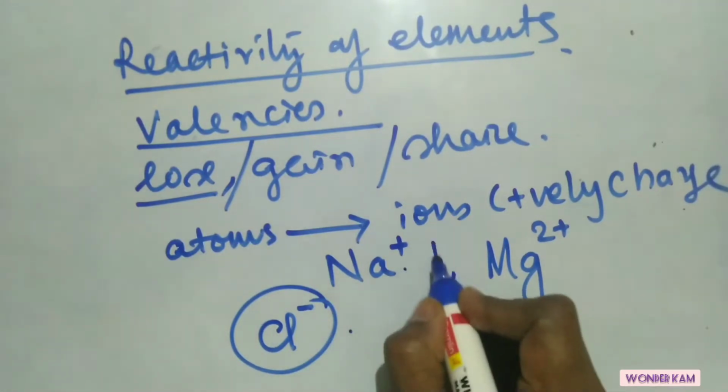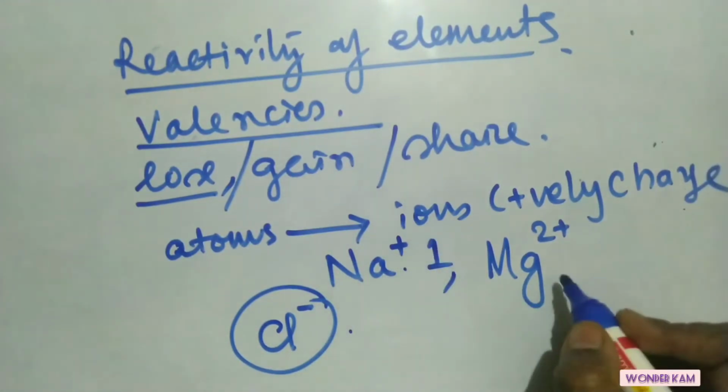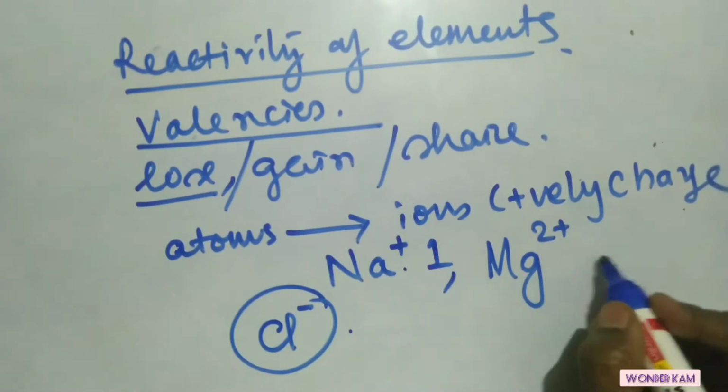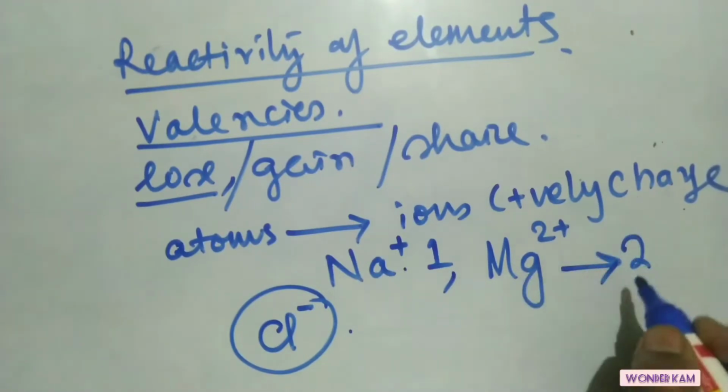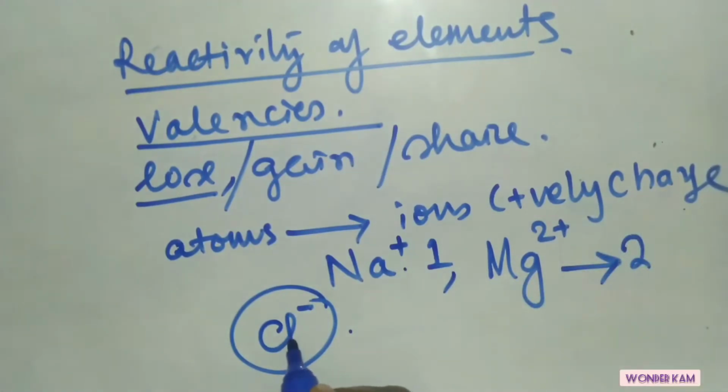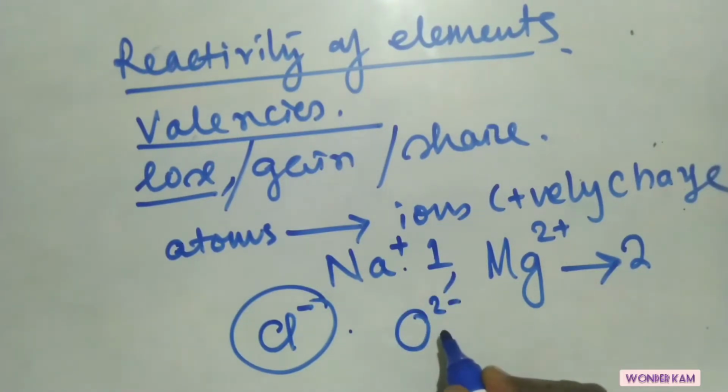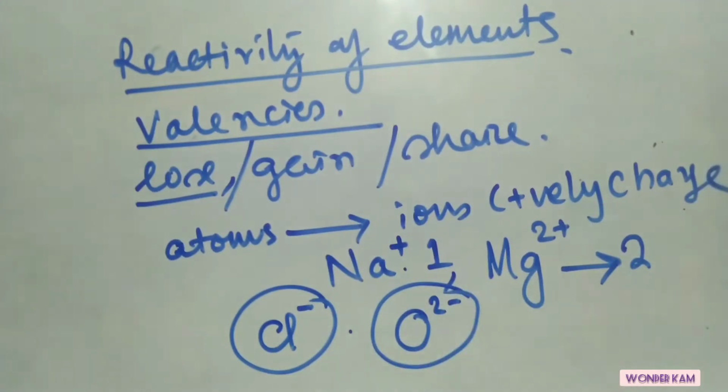The valency of sodium is 1 because it is losing 1 electron. Similarly, the valency of magnesium is 2 because it is losing 2 electrons. Whereas chlorine accepts 1 electron and becomes Cl-. And oxygen, by gaining 2 electrons, becomes the oxide ion, O2-.